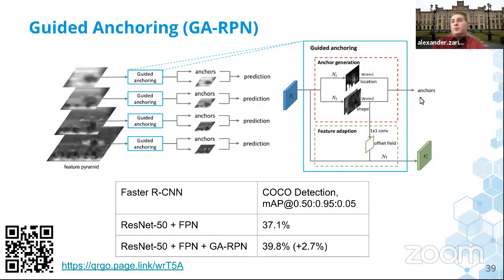So by simply incorporating this guided anchoring RPN, or GARPN for short, we may increase the performance of our model by 2% on the COCO dataset without introducing any heavy computational components into our network.